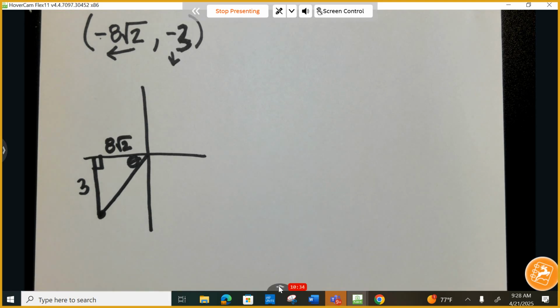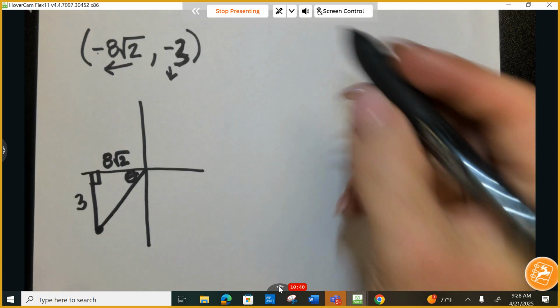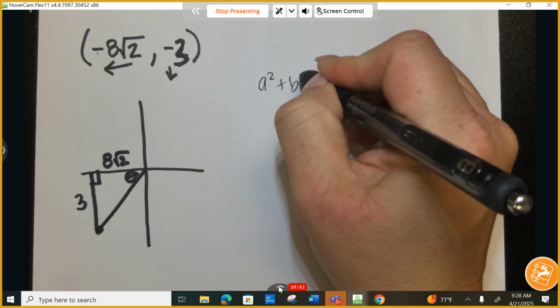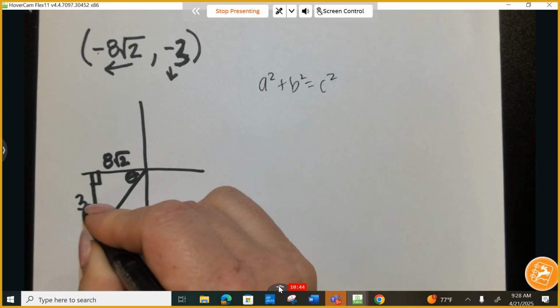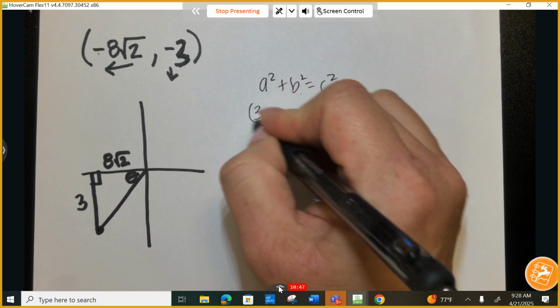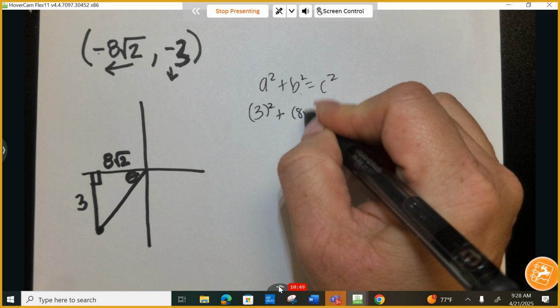So they are working in groups right now to find the hypotenuse, and so I'm going to do the exact same. And this part is where I see a lot of students making the mistake. So remember, we're going to go a squared plus b squared equals c squared. So the 3, it doesn't matter if it's the a or the b, so I have 3 squared. And again, some students like to do it like this.